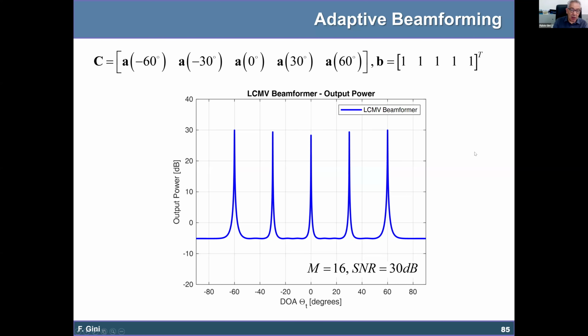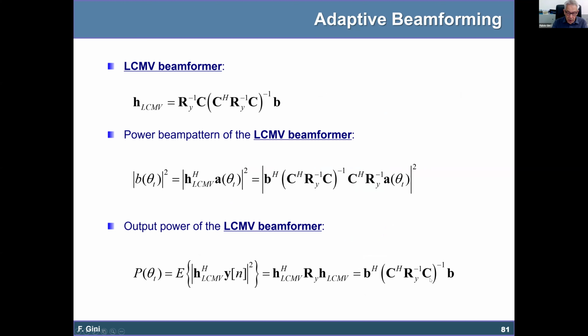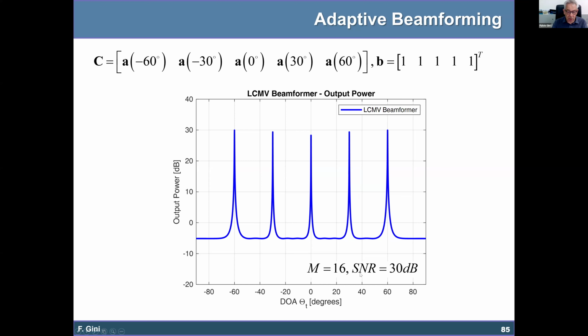Now let's skip this derivation and let me show directly some numerical examples. So for example, this is the power of the output. So we are plotting here the power of the output as a function of the direction of arrival of the source signal. So for example, we impose a distortionless constraint at these 5 angles.